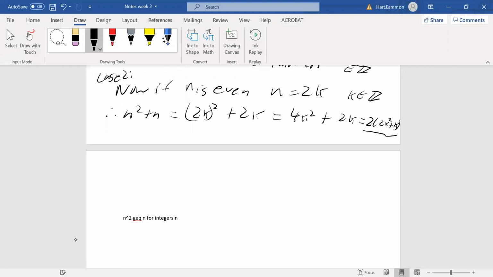And again, this guy right here is in the integers, times 2, therefore n squared plus n is even. Therefore, it holds for both, holds for all our cases.